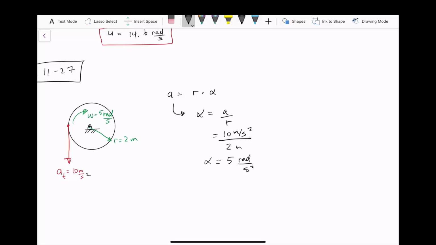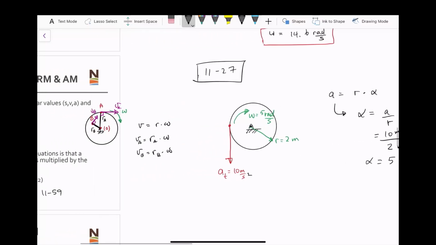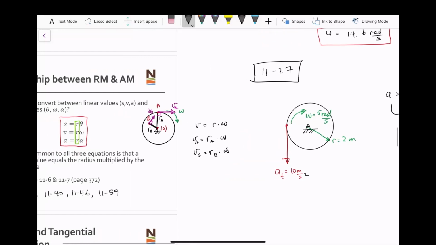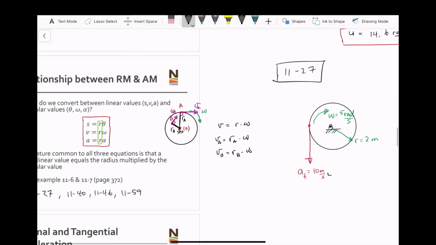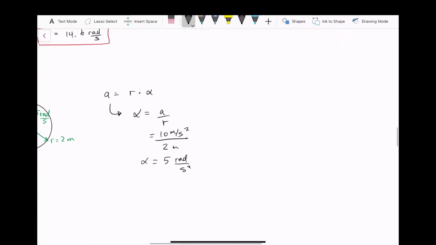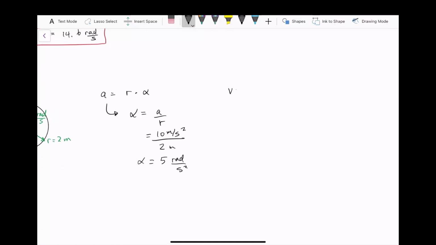The second part of this asks to find the tangential velocity. So this is going the other way. We already have an angular velocity of 5 rads per second, and we want to find the linear velocity. So again, using that conversion equation, V is equal to R omega. We want to solve for V in this case.